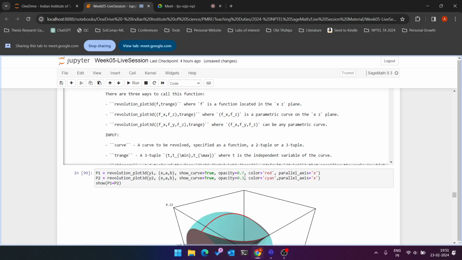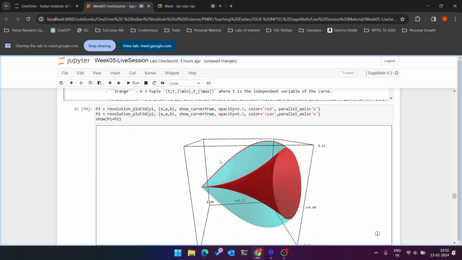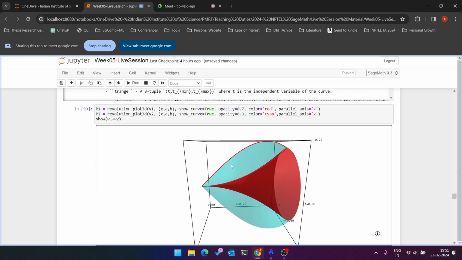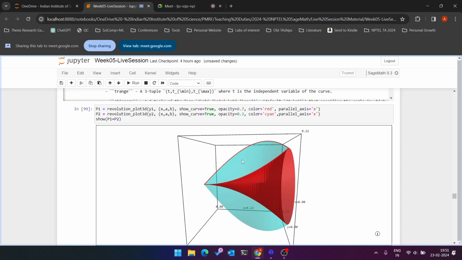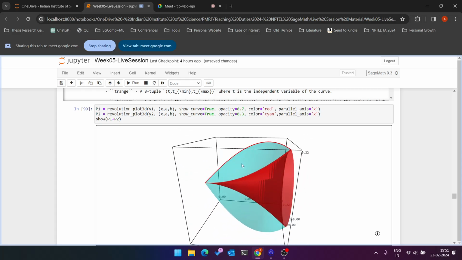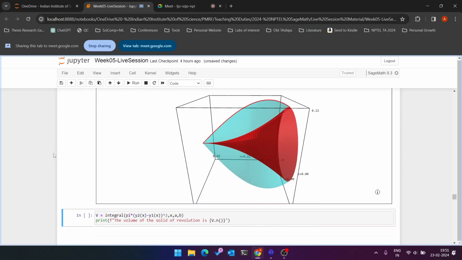If I run this code, this is how it looks. The red one is my y1, the cyan one is my y2, and the area between them creates my revolution plot.